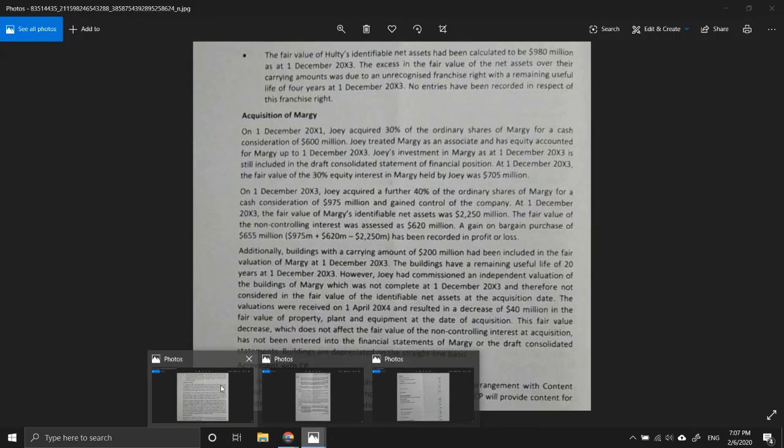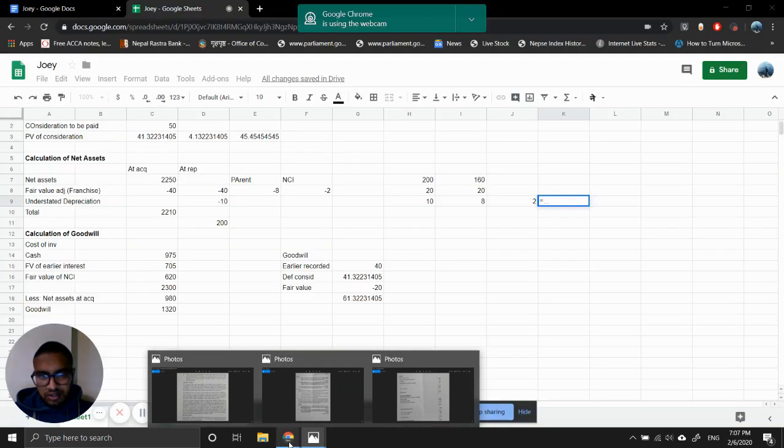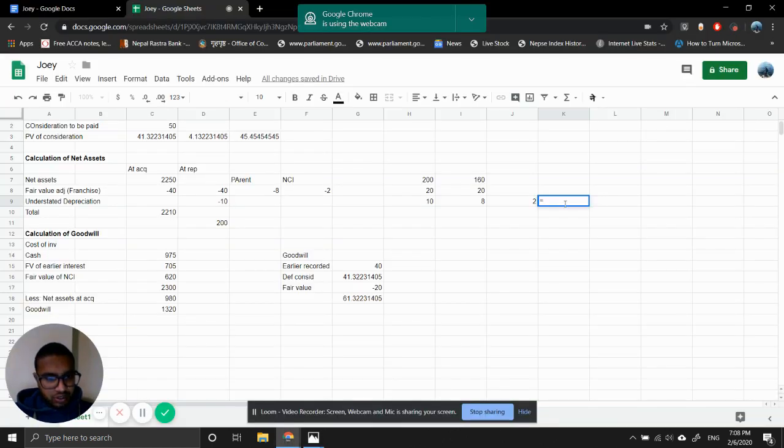So how much is that? 70 and 30, right? Okay, so 70 and 30. 2 into 0.7, 2 into 0.7 minus this, parent, NCI, right?